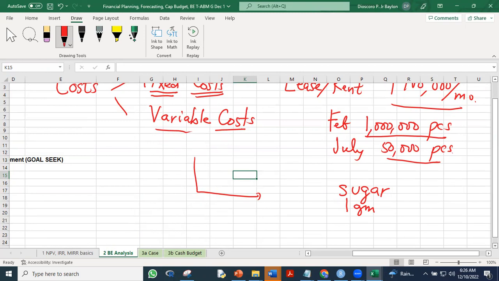Usually they can come in the form of the raw materials used in the production. Also, direct labor. This is the cost of salaries and wages of the production people.